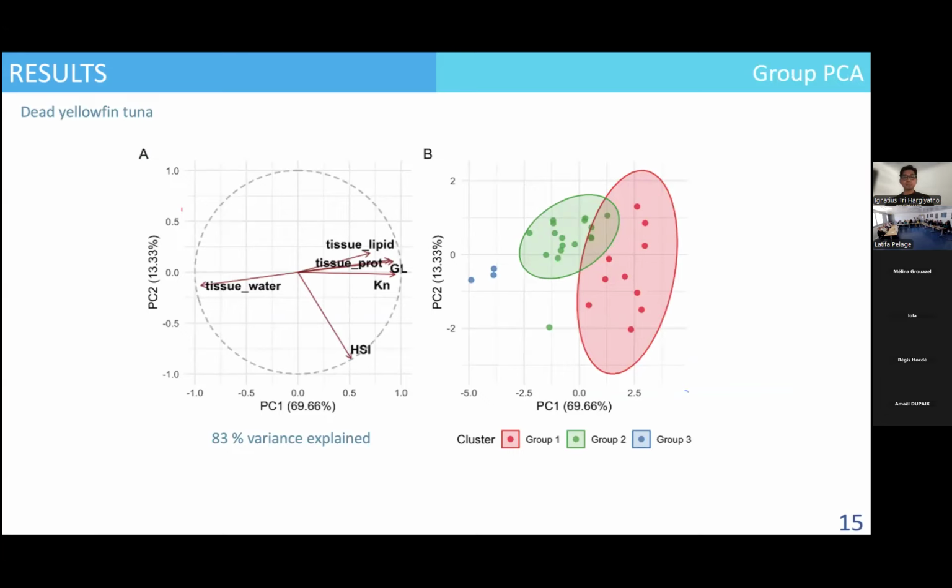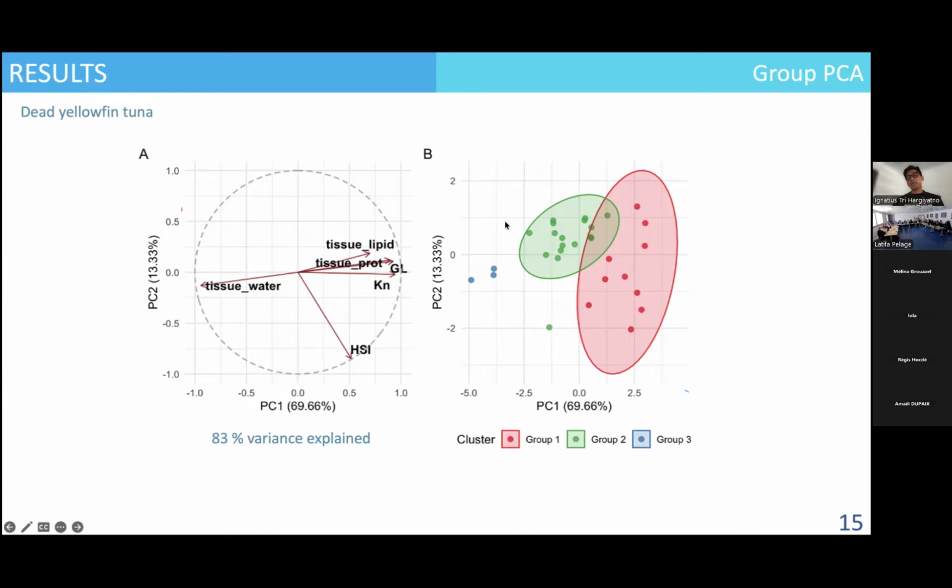I only used the data from the dead fish. I tried to analyze using a multivariate analysis with 83% explained variance. From this analysis, I can characterize groups of conditions. We divided them into 3 groups, which is also related to the physiology of fasting in several animals.